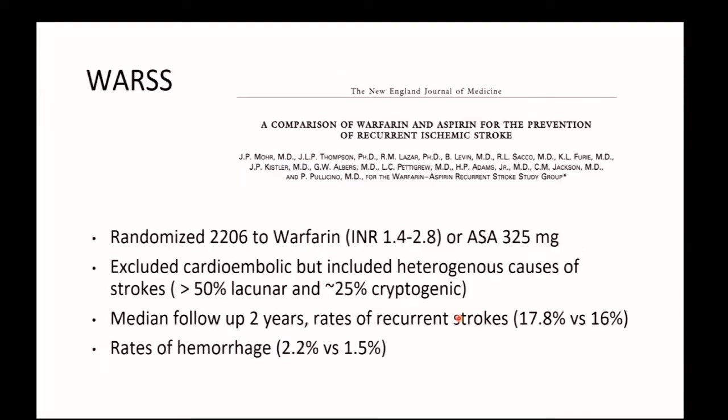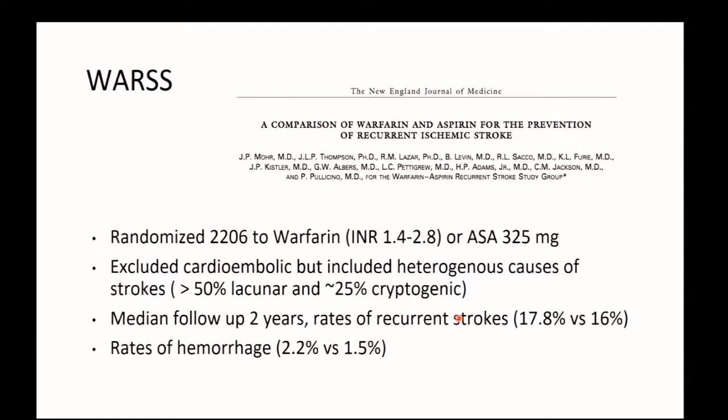The WASID trial is this famous trial. They randomized more than 2,000 patients. This is a huge number and probably the largest trial regarding the numbers for ICAD, if not for stroke in general. The trial started recruiting in the mid 1990s, and they published in the early 2000s.